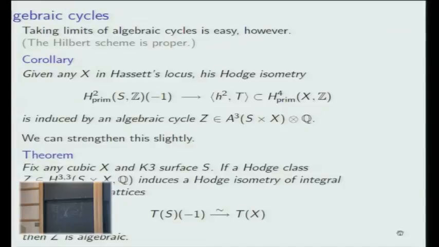And we can also prove, more generally, that any Hodge isometry between the transcendental lattice of a K3 and the transcendental lattice of a cubic fourfold is induced by an algebraic cycle. Essentially because we can prove it over these Zariski opens and then take limits.